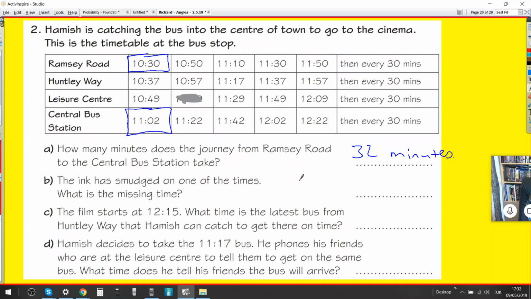And then for B, it says to fill in some of the times, what is the missing time.